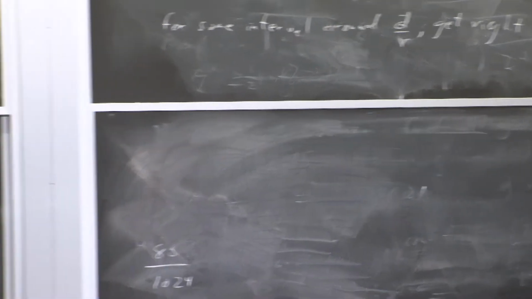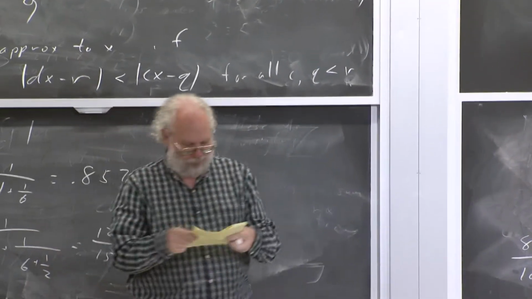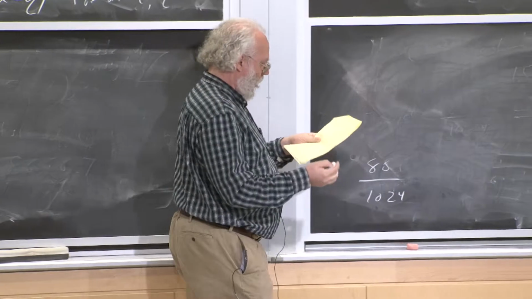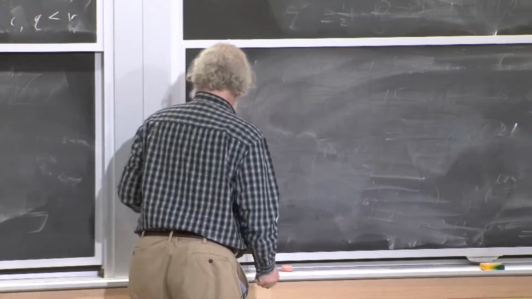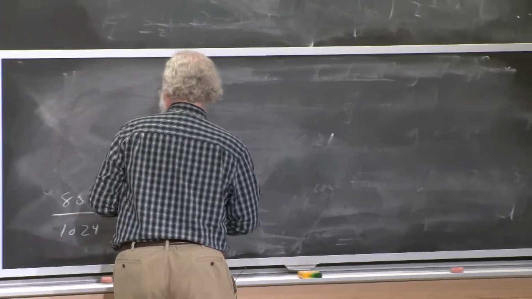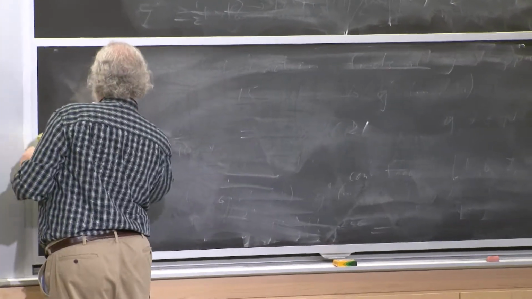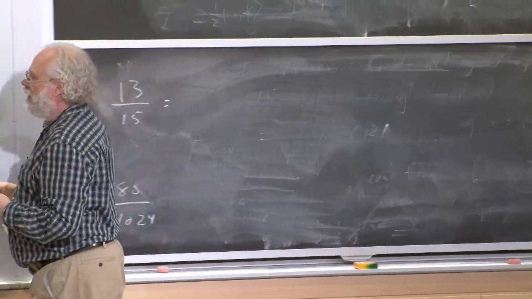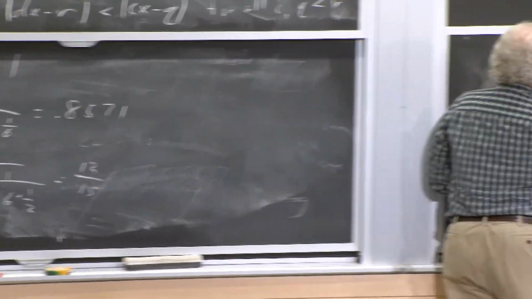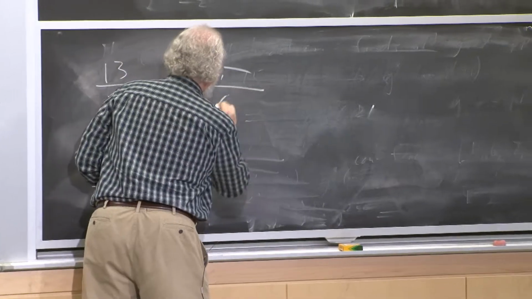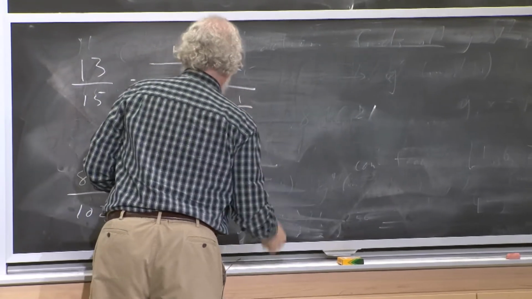So let's do this for 13/15. So what was it? 13/15 was equal to 1 over 1 plus 1 over 6 plus 1 over 2.